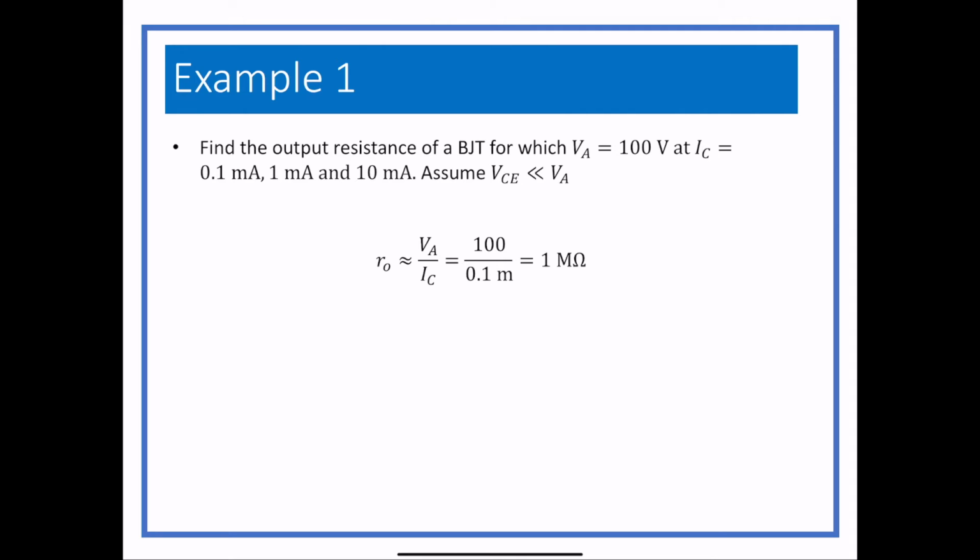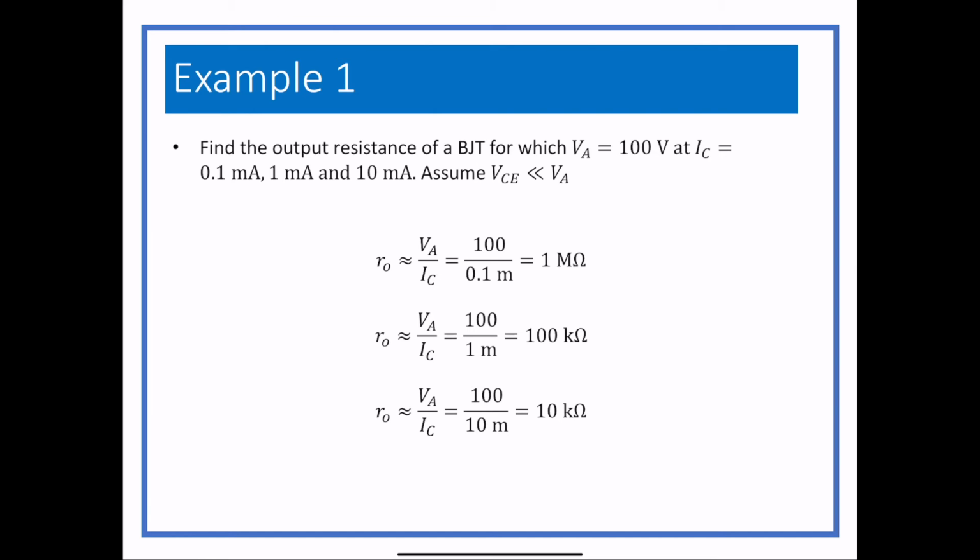You can put something small in parallel with it, and it'll pretty much not have an effect. At 1 milliamp, then it's 10 times smaller, so you get 100 kiloohms for that value, and for 10 milliamps, you get 10 kiloohms. If your RO is 10 kiloohms and you add a 10 kiloohm load, you're already changing the resistance out. You're basically halving it.